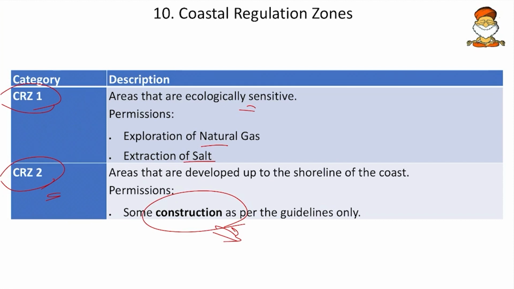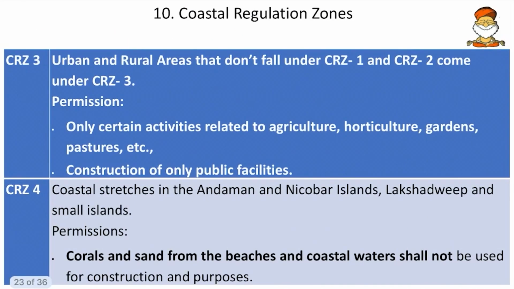Friends, all these coastal regulation zones are set up by the National Policy for Coastal Management, and the various coasts have been demarcated so that development and ecological conservation go hand in hand. Okay, so we have the third, CRZ 3.